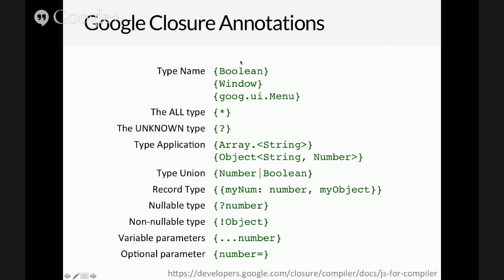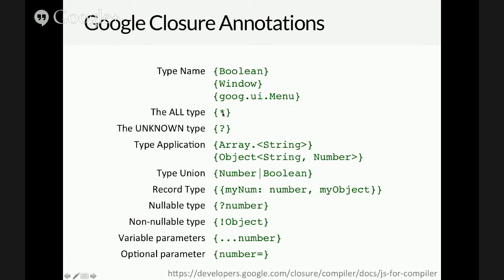Here there are 2 pages of the available type definitions. A lot of times it's very simple. I have a Boolean, and you write Boolean, or any other name you can just write in here. But then there are other types, and you can decorate the type to give more information about how it's used.